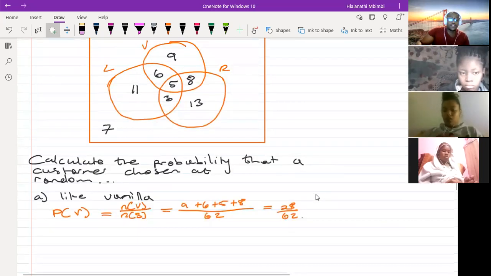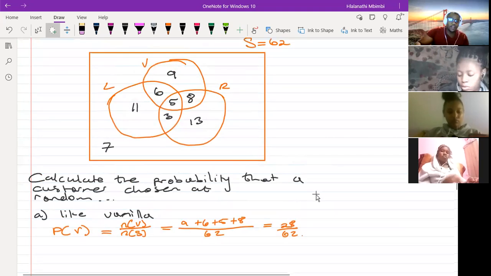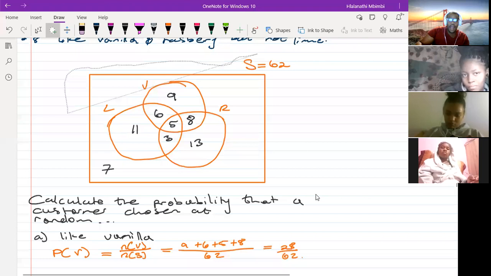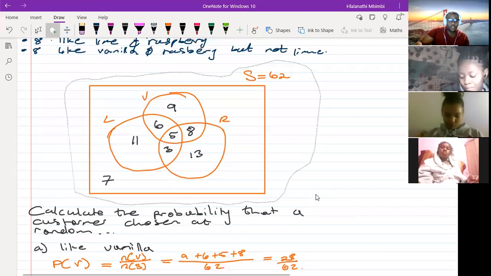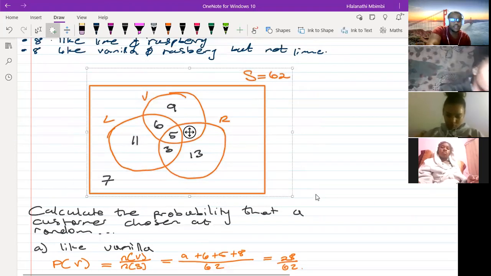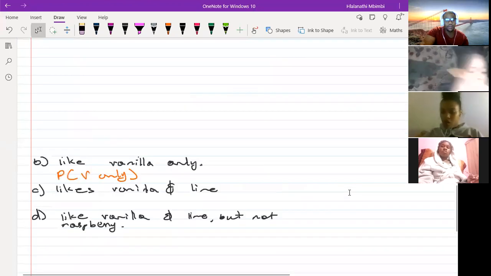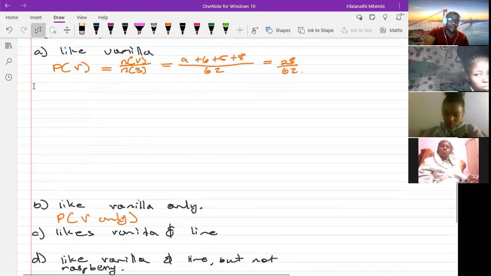It's nice to look at these and see what they mean with numbers, but also look at what they mean on the actual Venn diagram. How does the Venn diagram look when you're just looking at people who like vanilla?